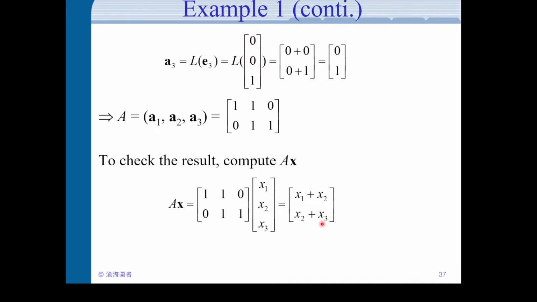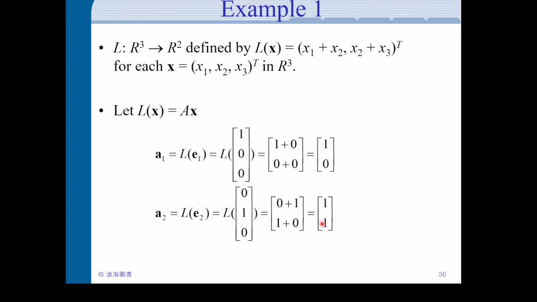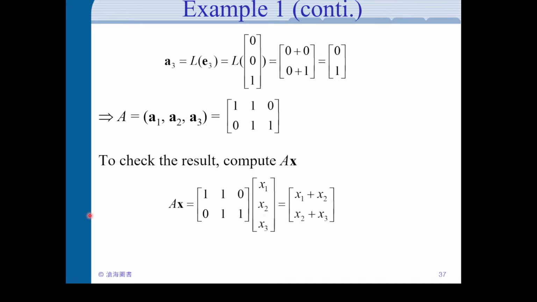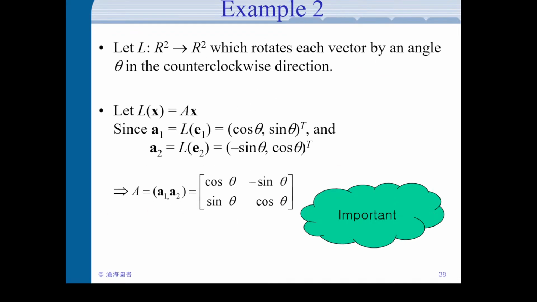This example is a bit trivial because it's pretty obvious how to write x1 plus x2 and x2 plus x3 as a matrix. We can have less trivial examples.